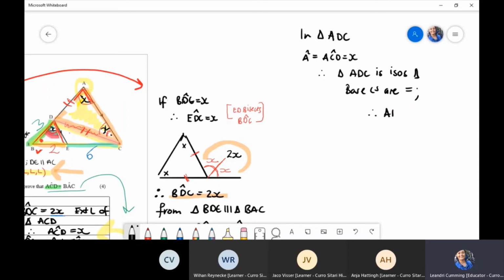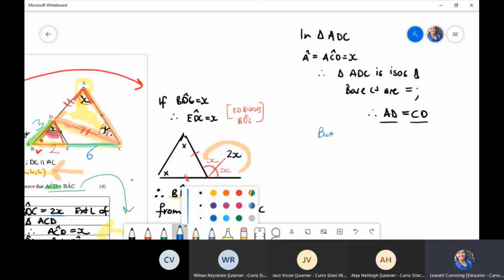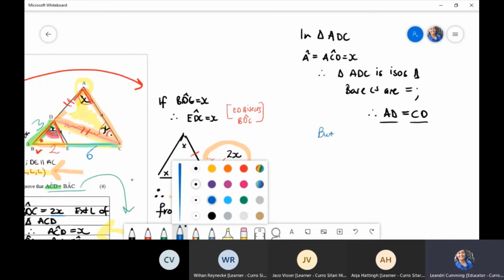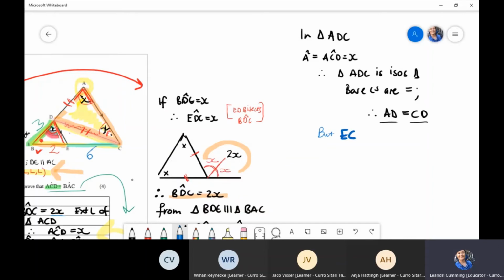AD would then be equal to DC or CD. Now, with those two lengths equal, I know that I've already been given the length of EC. EC has been given as 6 centimeters, okay?